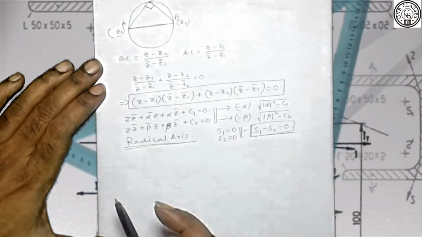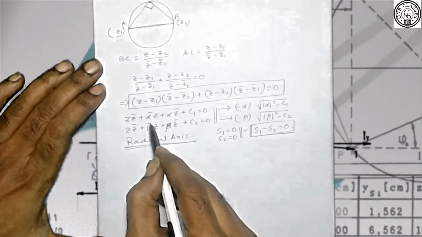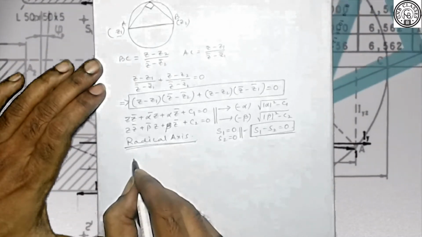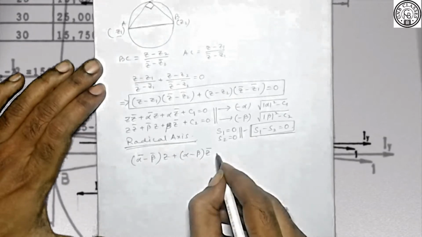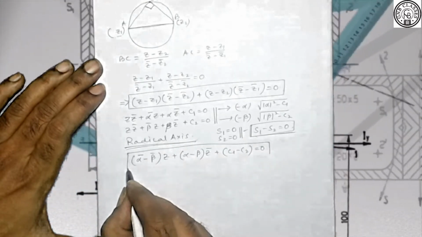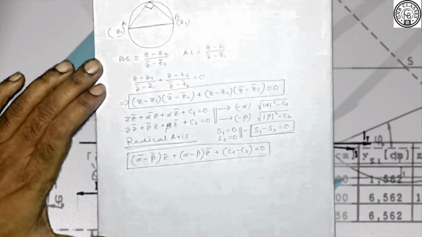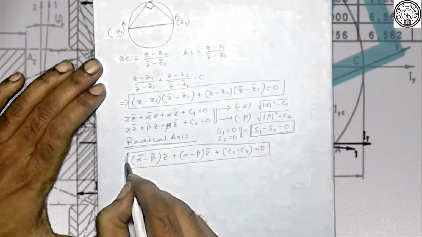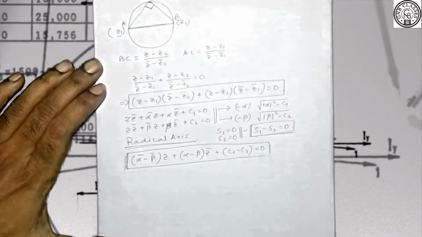Same thing here. To find the equation of the radical axis, I will simply subtract these two equations, and that will be the equation of the radical axis. Is it clear or not? Have you understood how to find the radical axis when the equations of two circles are given?